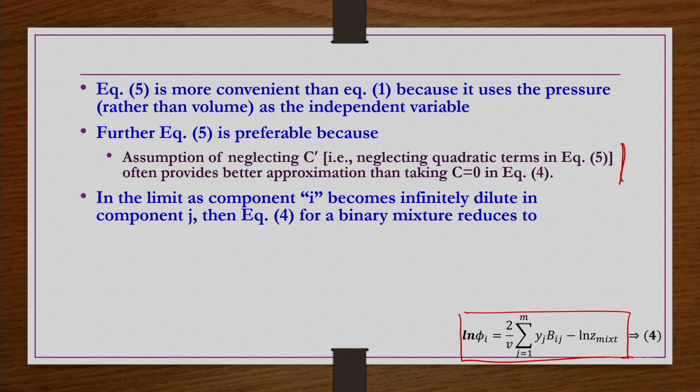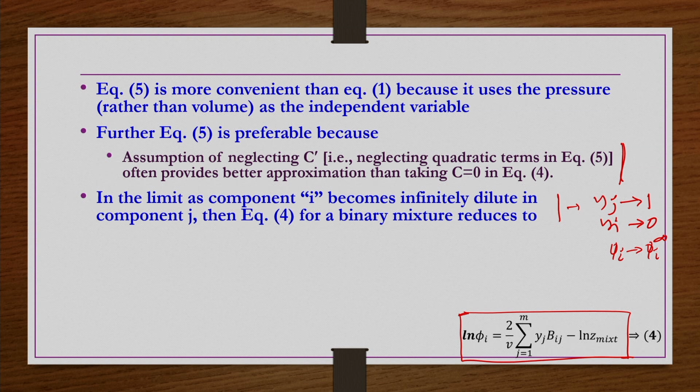For the binary system we have written this equation number 4: 2 by V sigma yj Bij minus ln Z of the mixture, as we have taken in the previous case. Now, component i becomes infinitely dilute in component j, that means yj tends to 1 and yi tends to 0. So then phi i would tend to phi i infinity.